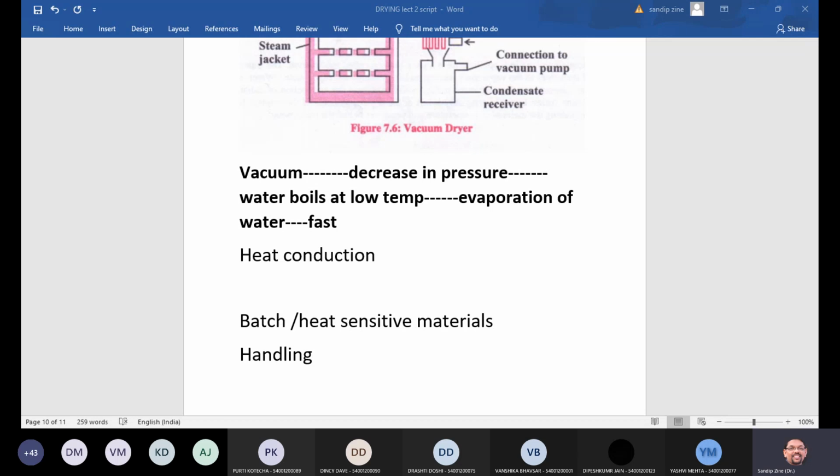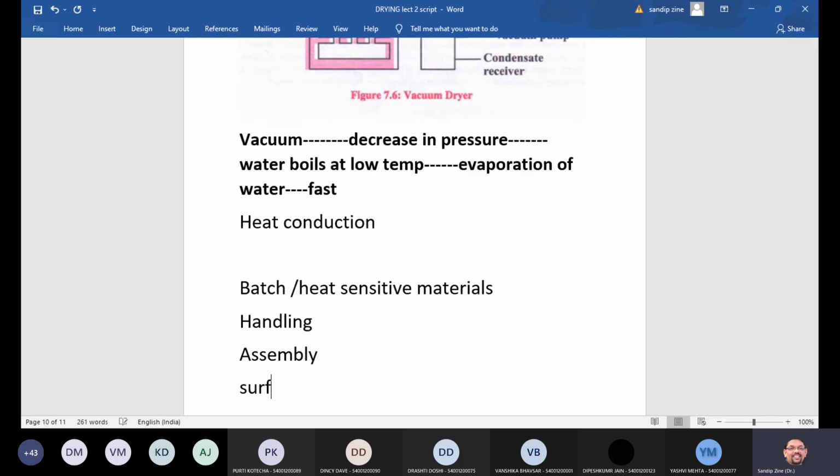Then shelves are there, isn't it? Which are electrically heated. That can be also used over here. So that assembly is somewhat user friendly. So assembly we can say that is user friendly, and it provides large surface area.